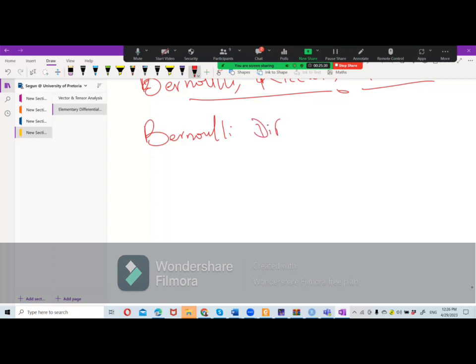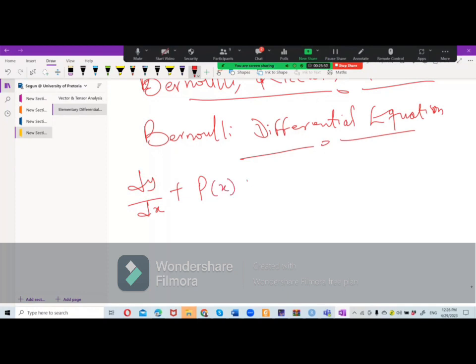Bernoulli differential equation: dy/dx plus p of x times y equals f of x times y raised to power n, where y raised to power n is what we call an extra factor. Let's call this equation 1.